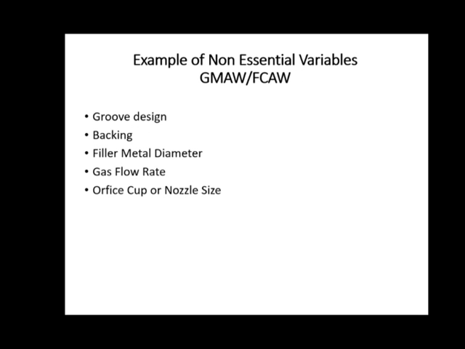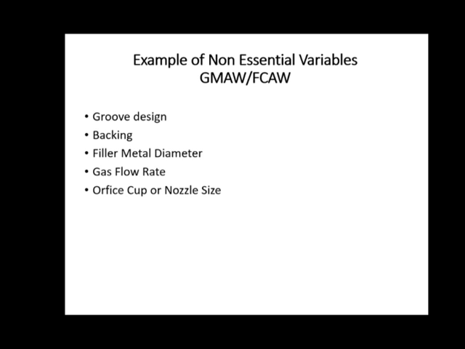Examples of non-essential variables for gas metal arc welding and flux core arc welding. Groove design: ASME Section 9 doesn't really care about groove design. You need to call it out and address it, but if I qualified with one specific groove design, they don't care if I switch to another.